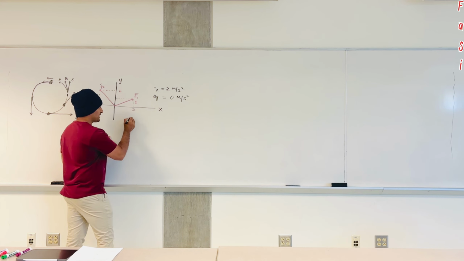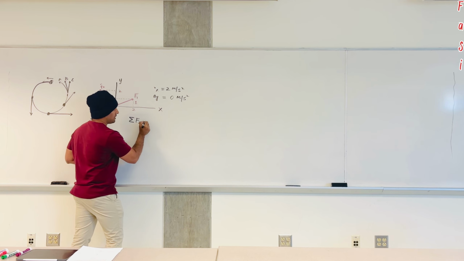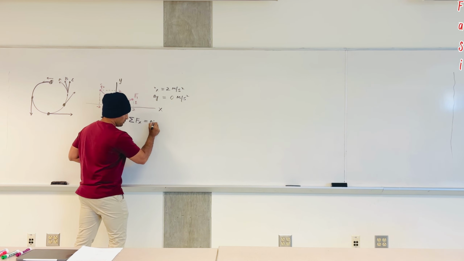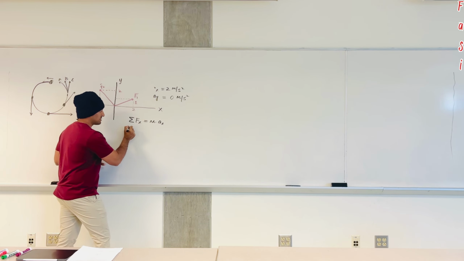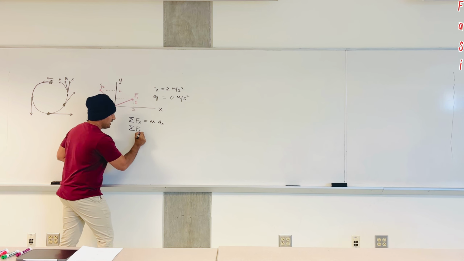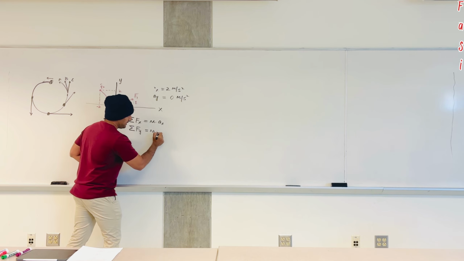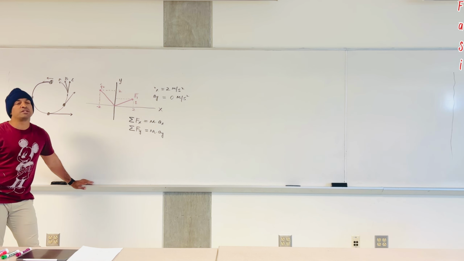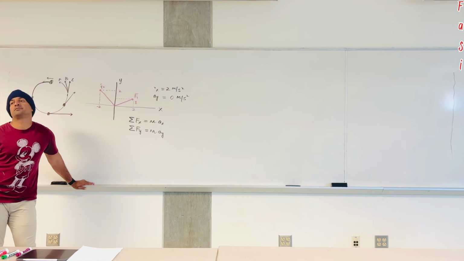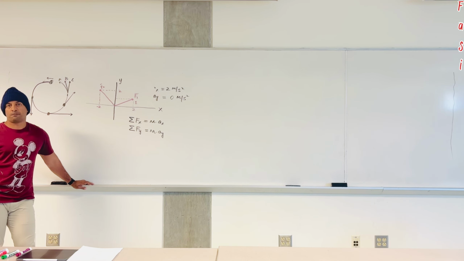That's Newton's second law in component form, which tells you that the sum of all the forces acting along the x-axis equals mass times the net acceleration along the x-axis, and similarly the sum of all the forces acting along the y-axis equals the mass of the object on which the forces are acting times the net acceleration along the y direction.